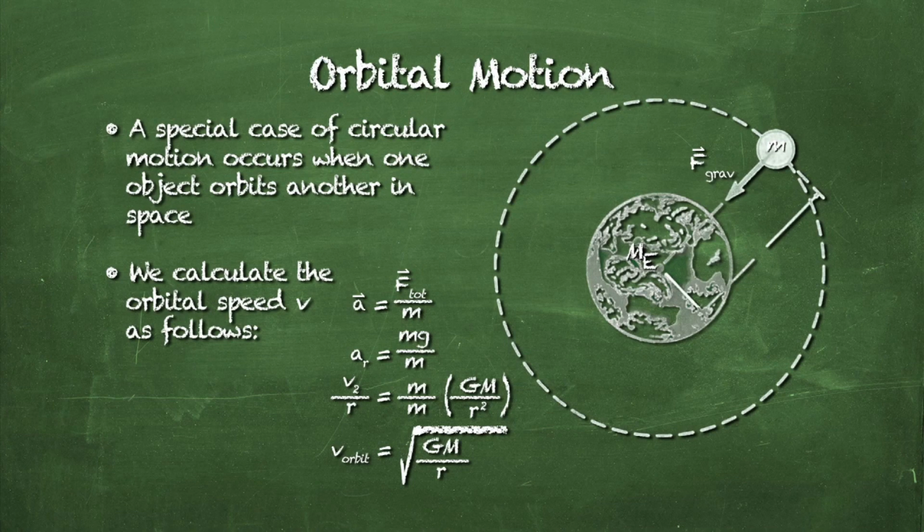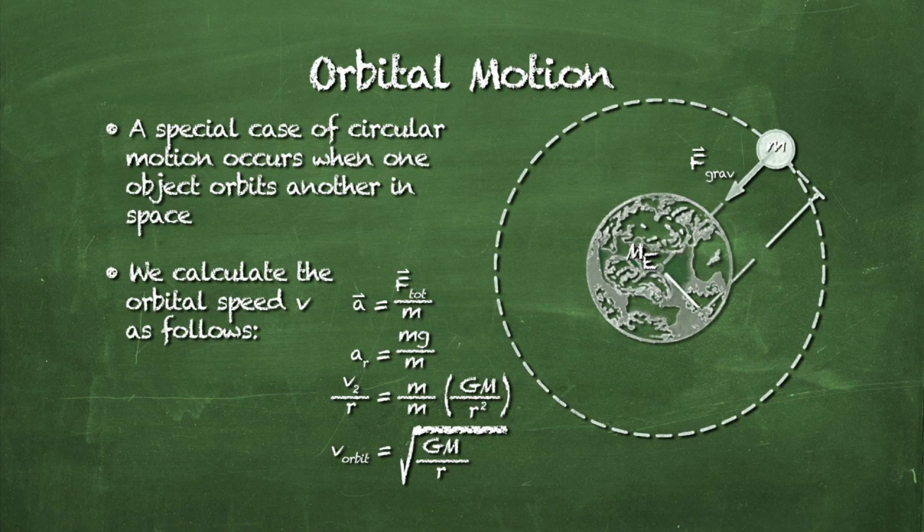And you can see that the m's become 1, and one of our r's on the left-hand side of the equation cancels off with one of the r's on the right-hand side, and we take the square root of v squared, and we see that the orbital speed, the constant speed with which the object moves around the circle, is equal to the square root of big G, our gravitational constant, times big M, the mass of the Earth, divided by r, the radius of the circle.